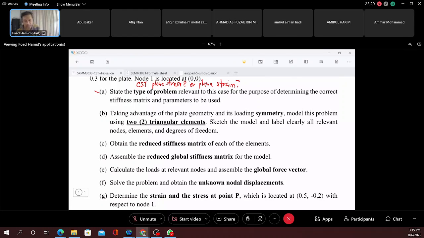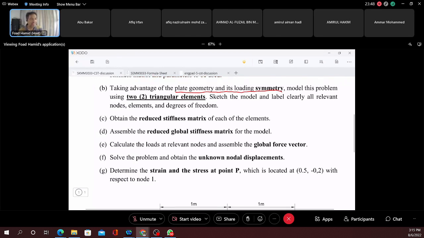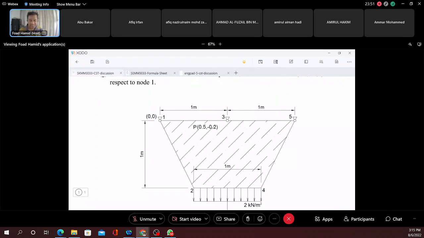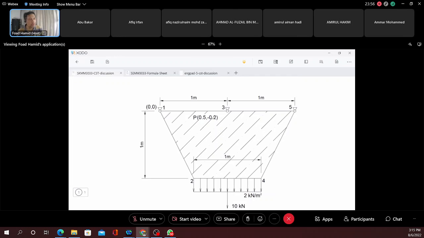The other thing is taking advantage of the plate geometry and its loading symmetry. Model this problem using two triangular elements. Sketch the model and label clearly all relevant nodes, elements, and degrees of freedom. This has something to do with your project, because not only is the geometry of the plate symmetric, but also the loading.